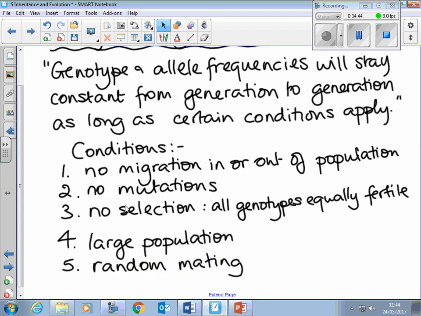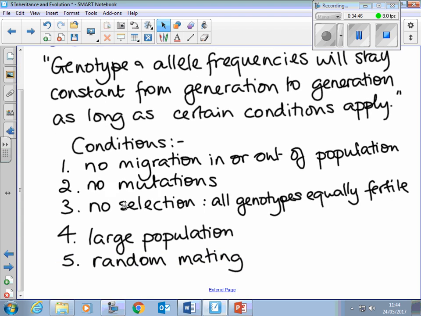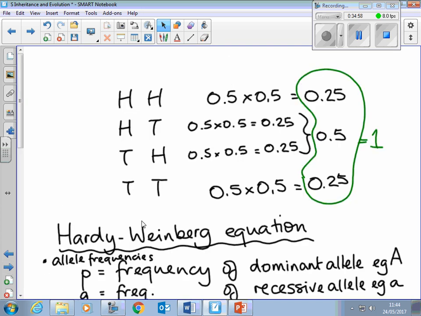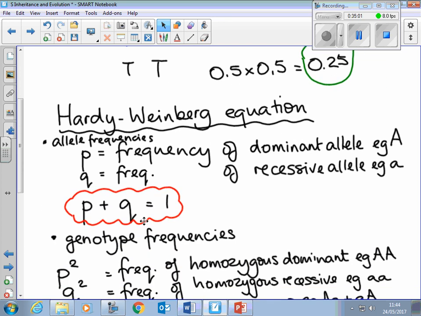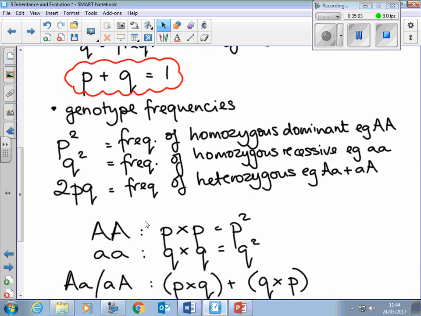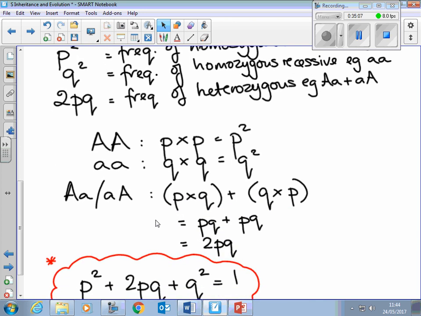And then we went on to the Hardy-Weinberg bit. So this only applies if certain conditions hold, and that obviously doesn't apply very often, but it just had to be our best guess, really. We worked through the definitions of the letters, the P, the Q, the P squared, Q squared, 2PQ.